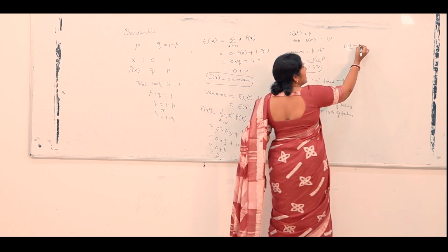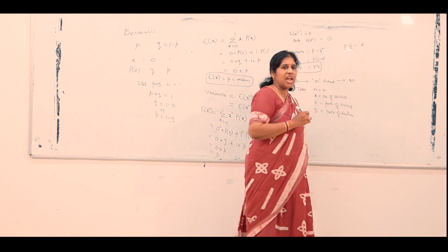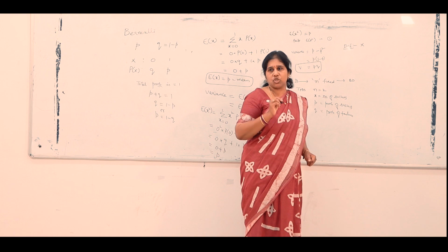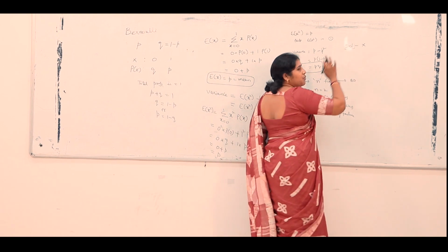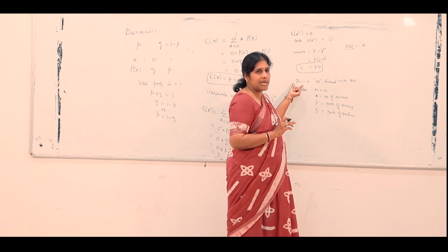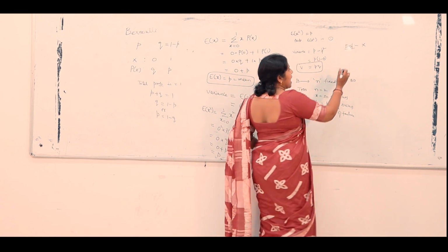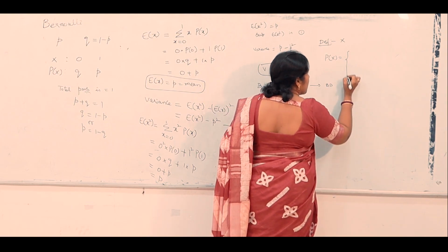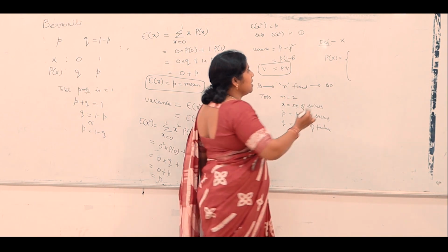a random variable x. And which random variable is it? Binomial means it is a discrete distribution. A discrete random variable x is said to follow binomial distribution if it has the following probability mass function. So what is the probability mass function?